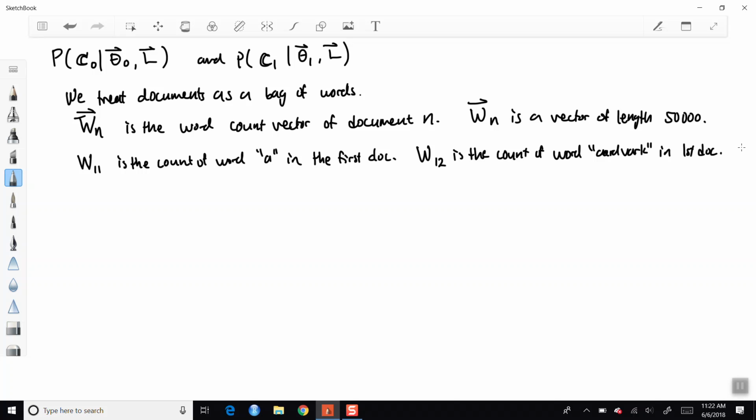So probably W11 will be like 50 and W12 is likely to be 0, unless we're talking about aardvarks, since "aardvark" appears at the beginning of the dictionary, right?